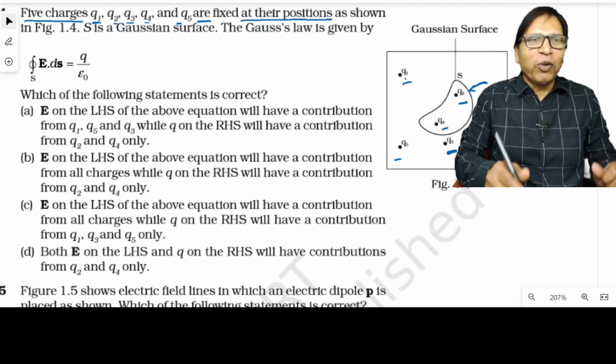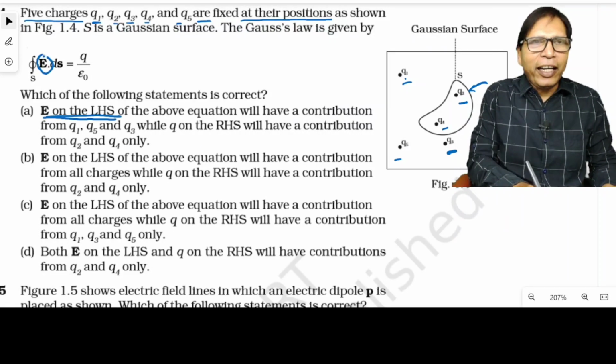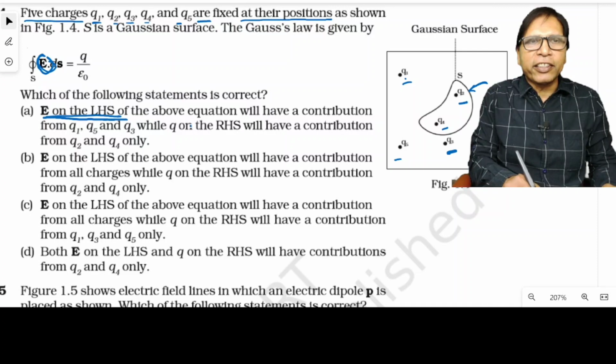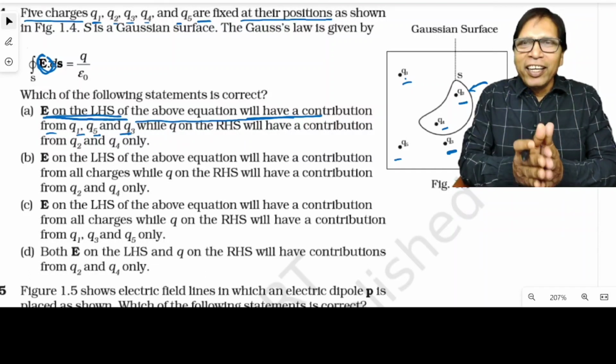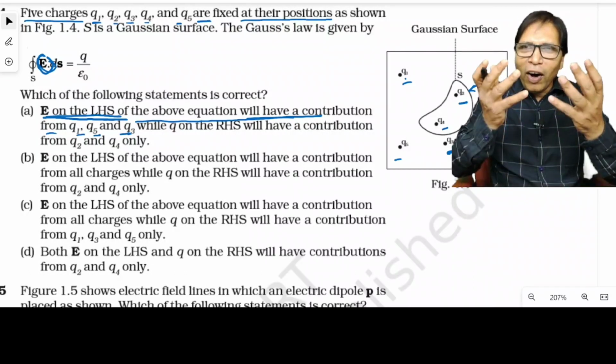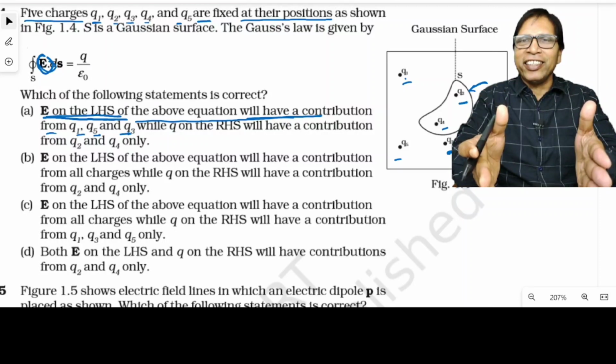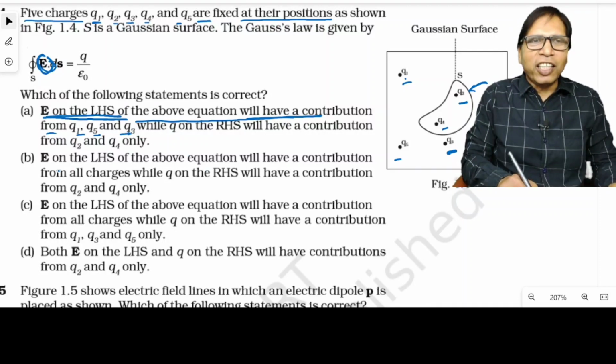Okay. Now look at these statements. Option A: electric field on the LHS of the above equation will have a contribution from Q1, Q5, Q3 only. No. Electric field is the contribution of all charges present. Okay, so this is wrong.